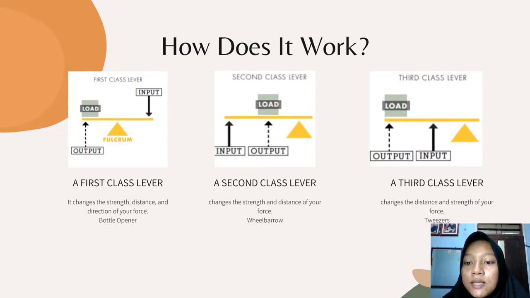The example is tweezers. Your input force is applied in the middle, while the load or output and the fulcrum are at the other end. So this is how the lever works. It has three different types.